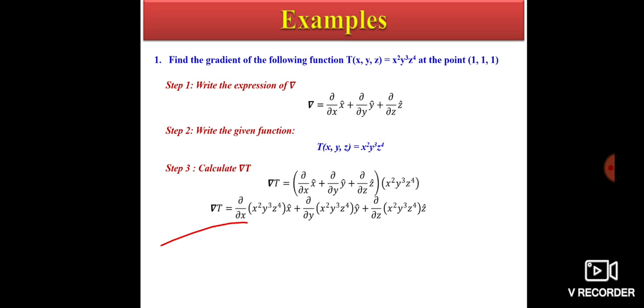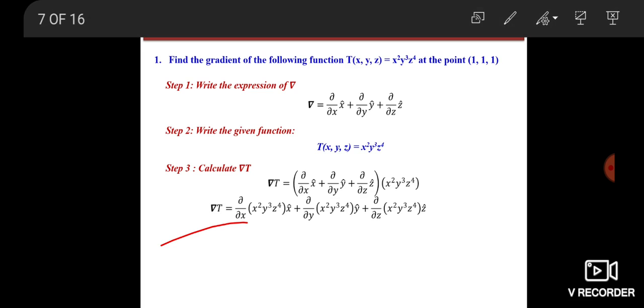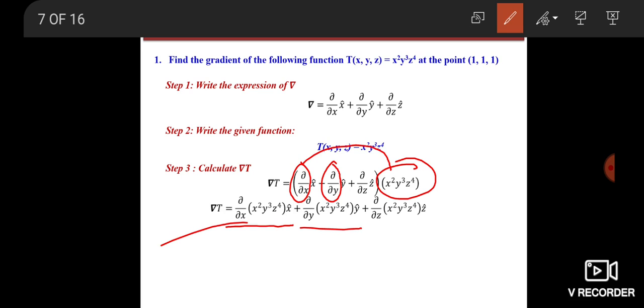The next part is we have to operate these differentials separately on the given function. That means first del/del x will operate on this whole function. This is del/del x of x square y cube z to the power 4, x cap as it is. Then del/del y operates on the whole function, and at last del/del z will operate on the same function.